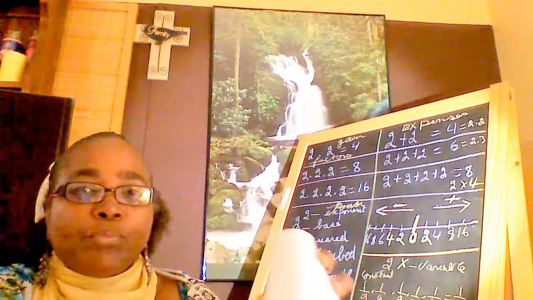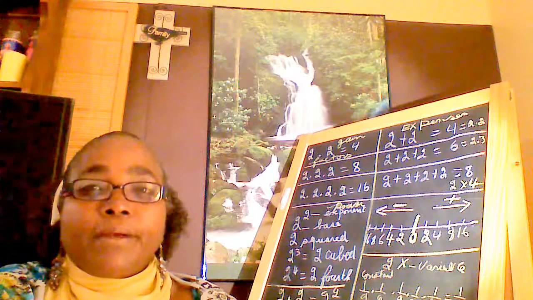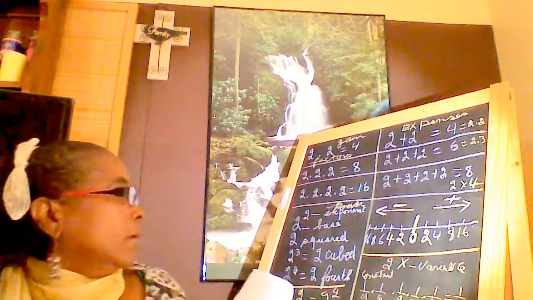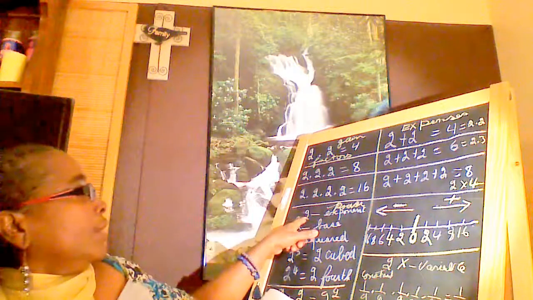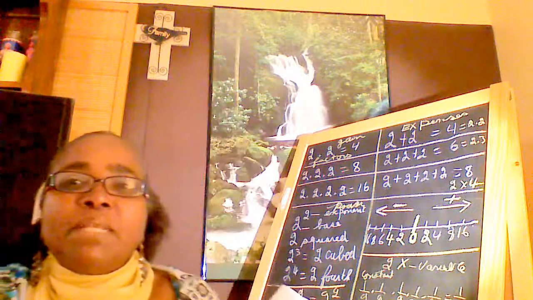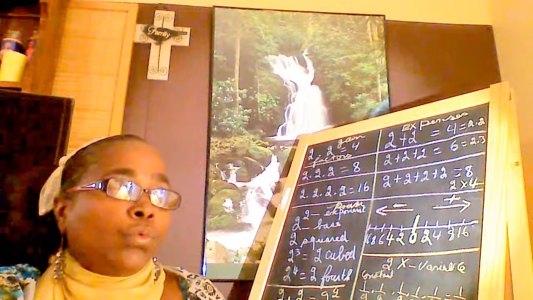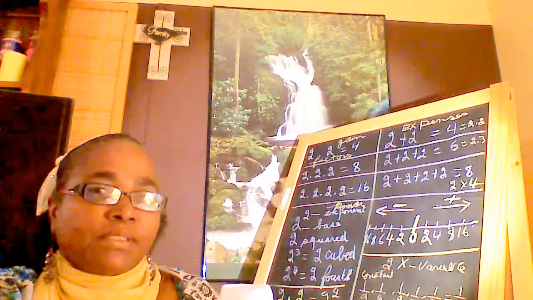We call it square. That means we are going to multiply 2 by 2. That means the number 2, we are going to multiply 2 times.